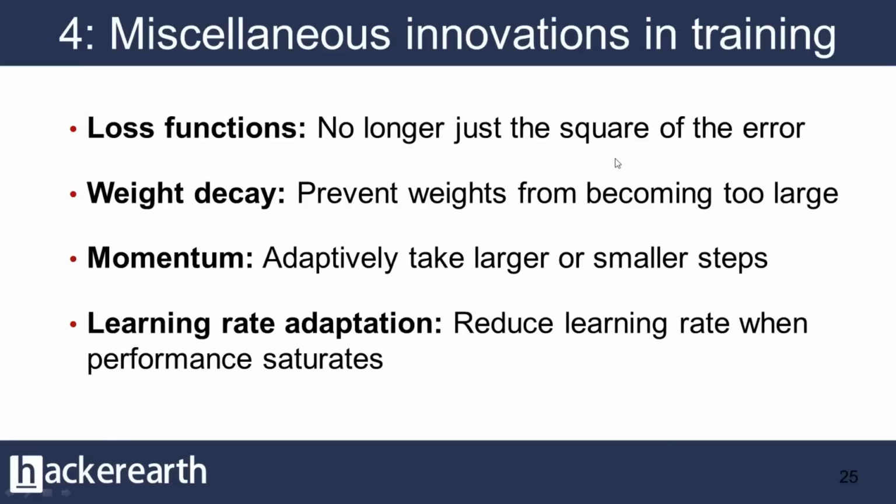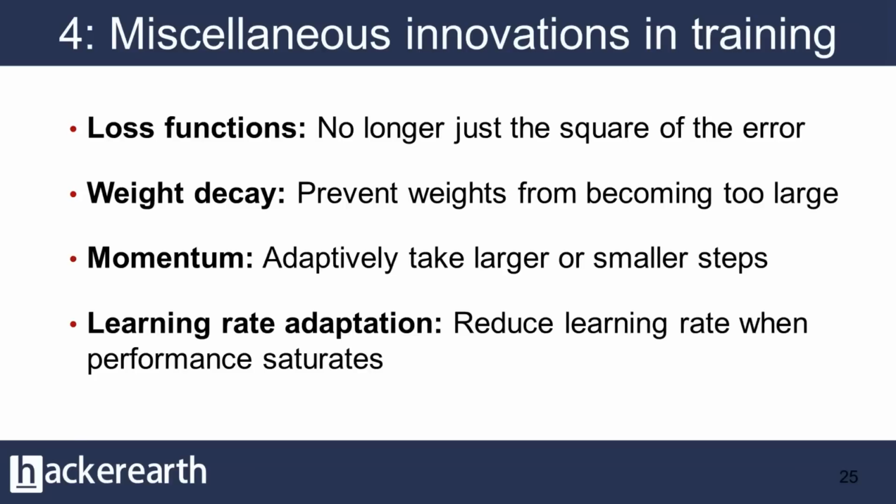Basically, in classification, people have error measures like cross entropy and some other ones like hinge loss and so forth. The standard one is for regression. People make fancy loss functions.